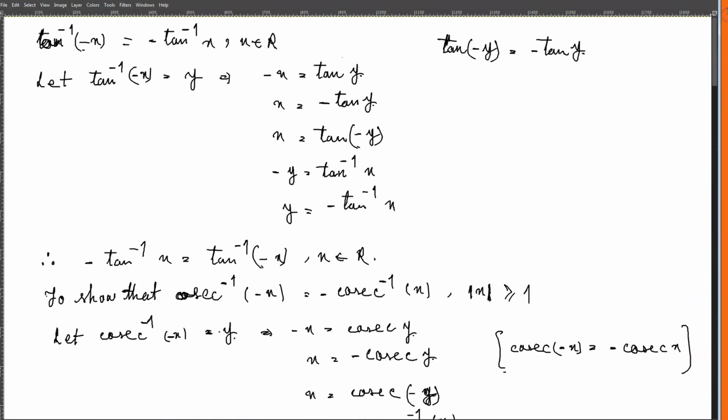For example, the second result that we wanted to prove here was the tan inverse of x plus the cot inverse of x is equal to pi by 2 for all x's belonging to R.